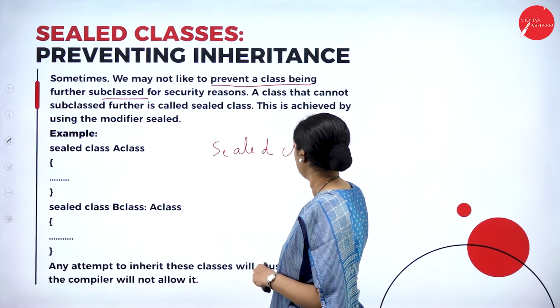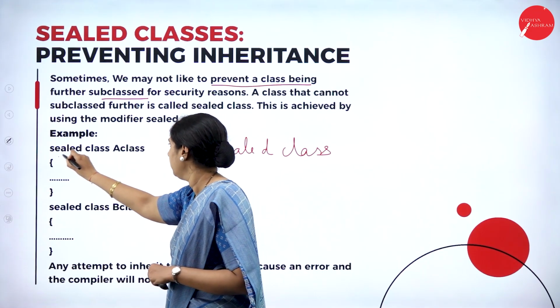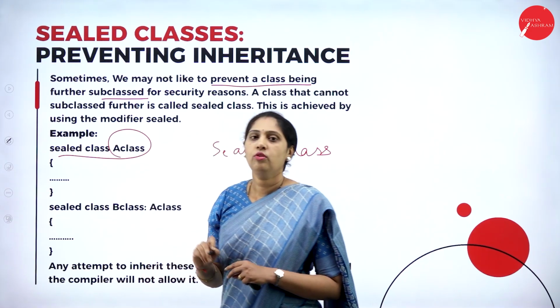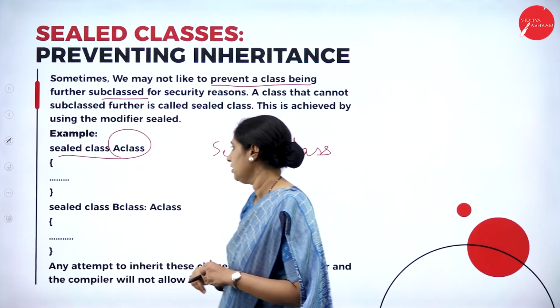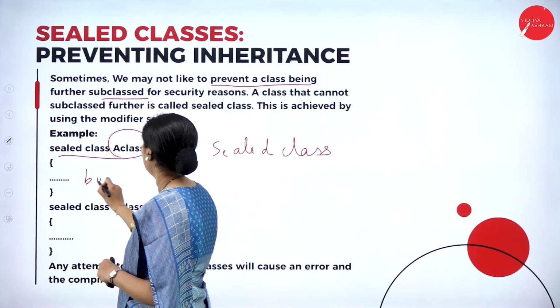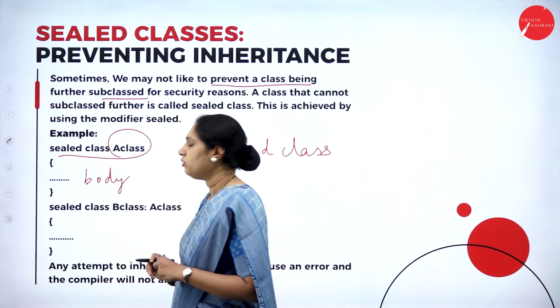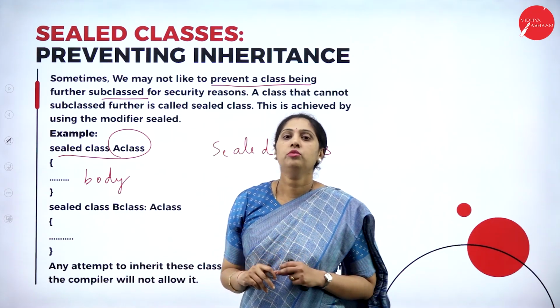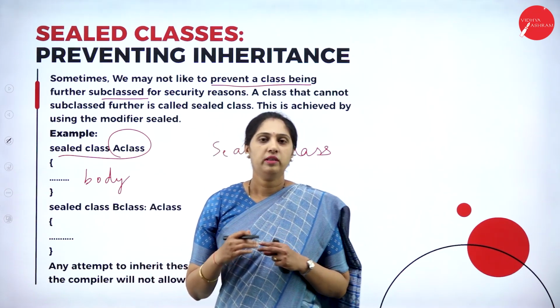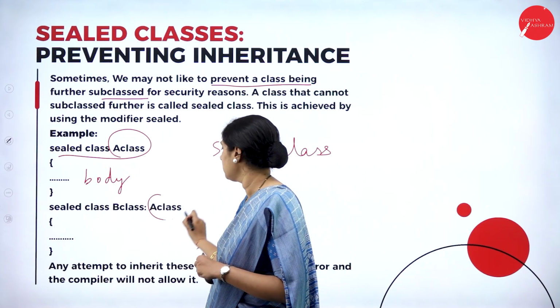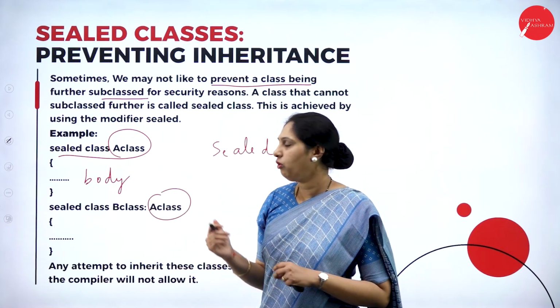Sealed my class, which is given here. Sealed class. What is the class name? A class. And this is the body of the class. So what happens? I don't want to make my class to be inherited by this class. So I'll make an attempt. What I'll do?